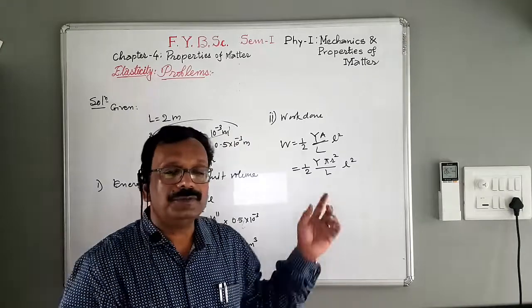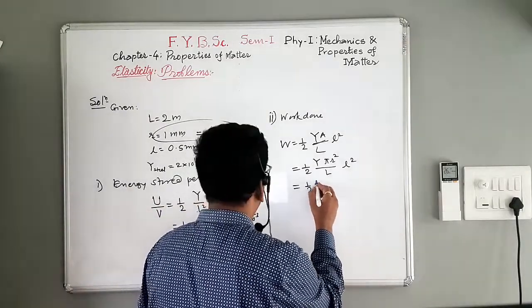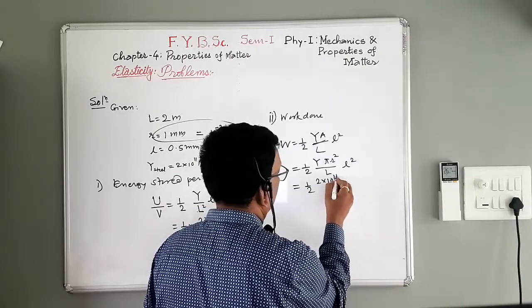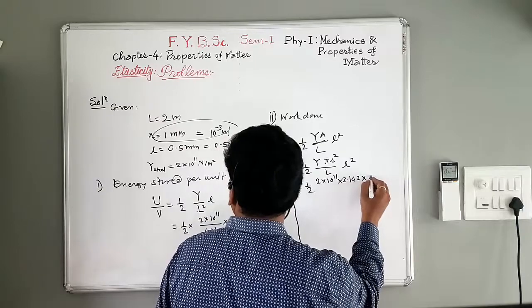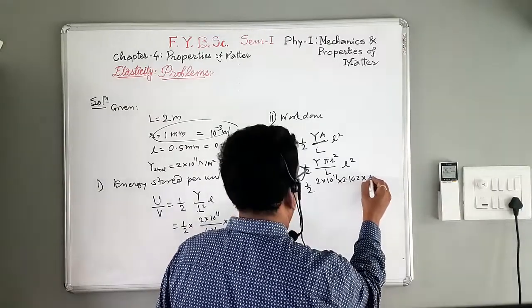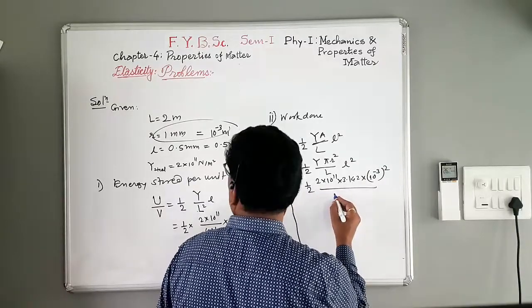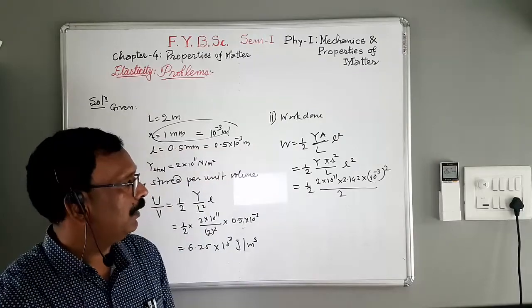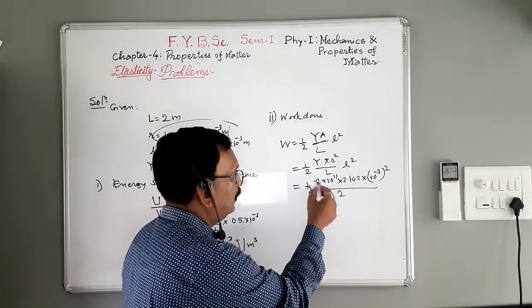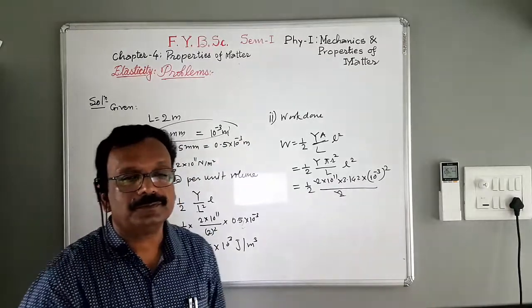Okay. Now substitute the value of each and every term. 1/2 Y into 2 into 10 raised to 11 into 3.142 into radius 10 raised to minus 3 square upon L, that is 2. Again solve this, the 2 into 2 get cancelled and only 1/2 of this remains.